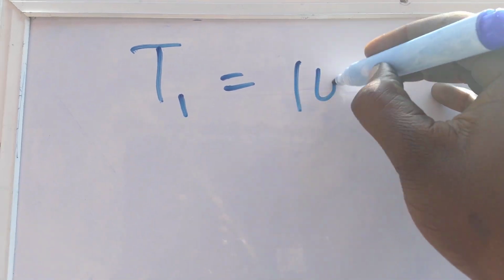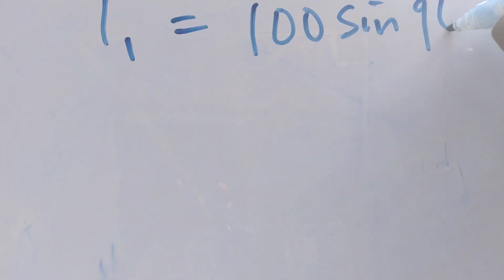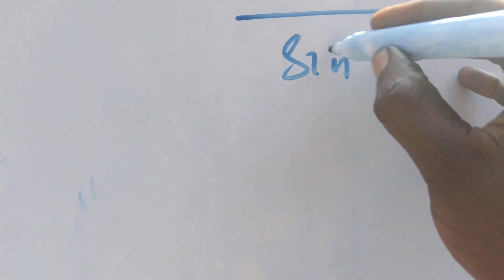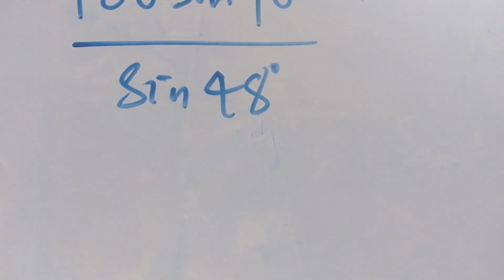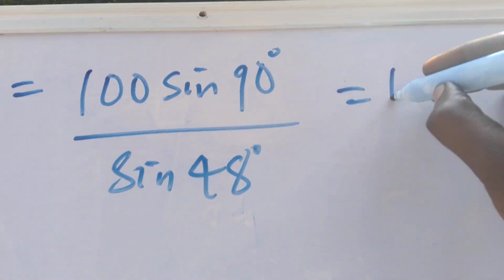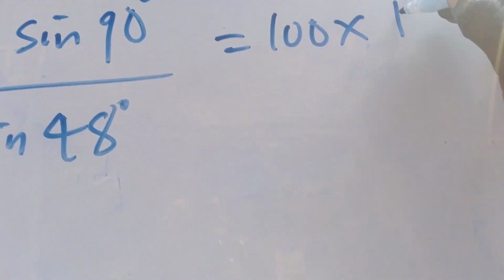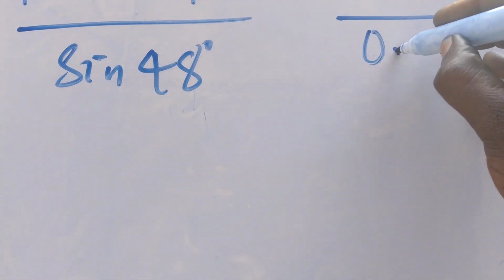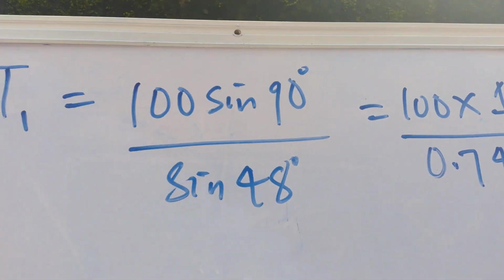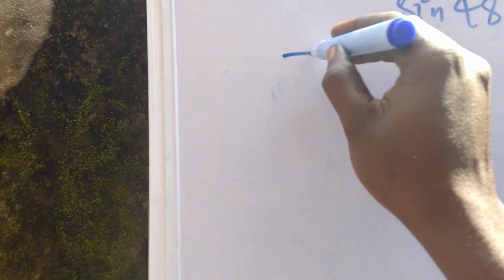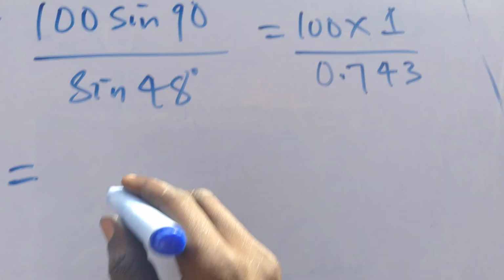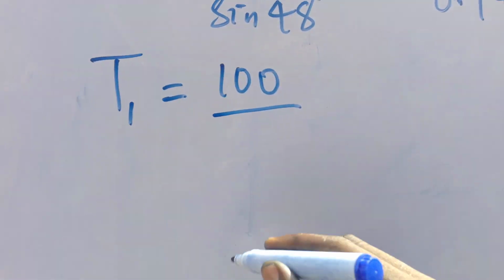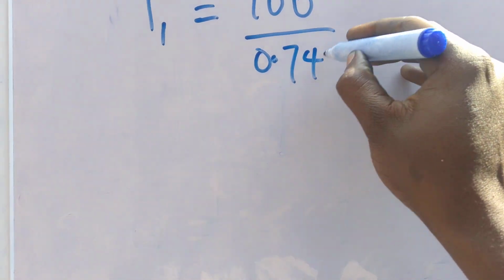So we have that T1 equals 100 sine 90 degrees over sine 48 degrees. Sine 90 is 1. This is 100 times 1 divided by sine 48. Sine 48 is 0.743. So tension T1 equals 100 divided by 0.743.